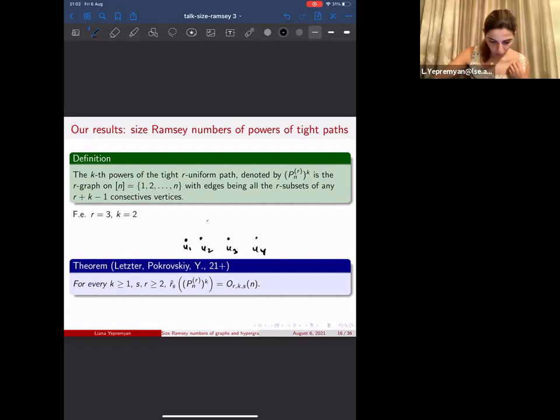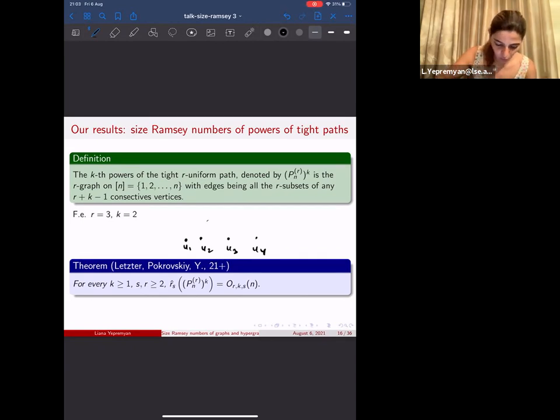Okay, so I was talking about k-th powers of tight r-uniform paths. The definition is that you put your n vertices on a line, and every r plus k minus 1 consecutive vertices must form a complete graph.